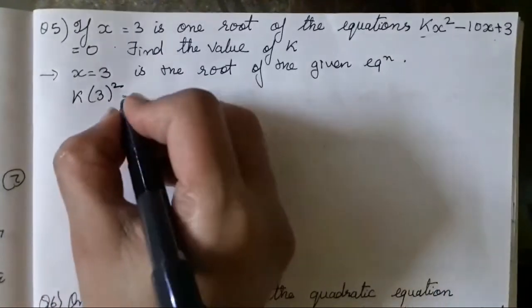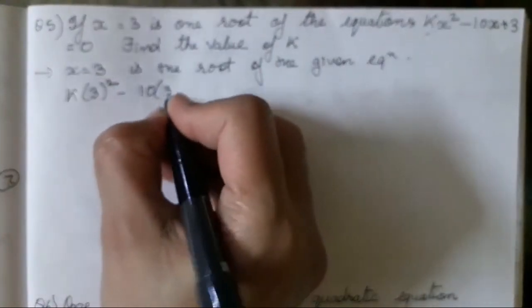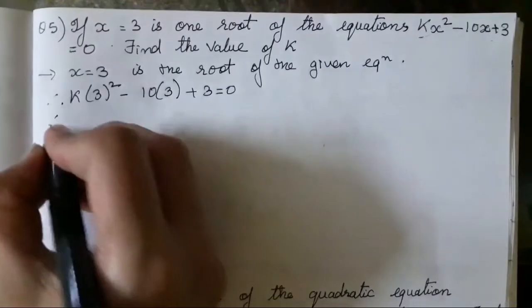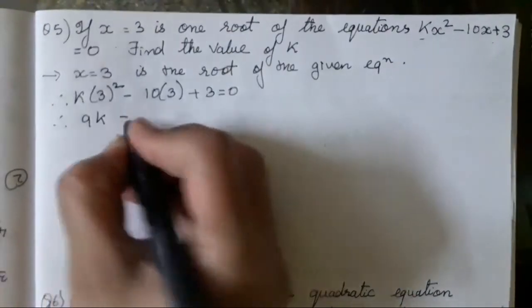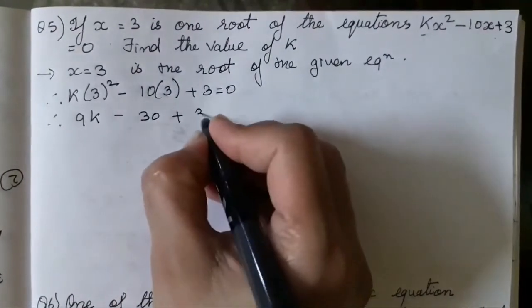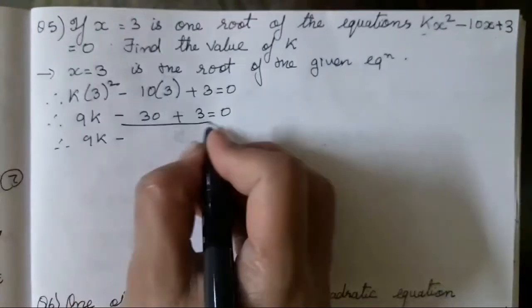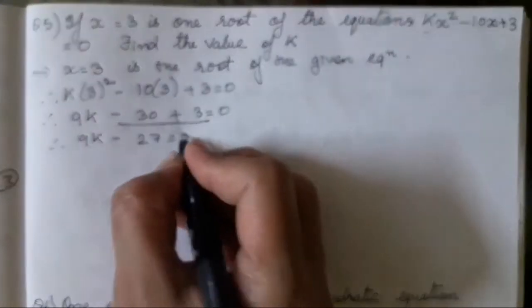So k into 3 square, instead of x you all have to substitute 3. So therefore 9k minus 30 plus 3 is equal to 0. Therefore 9k minus 27 is equal to 0.